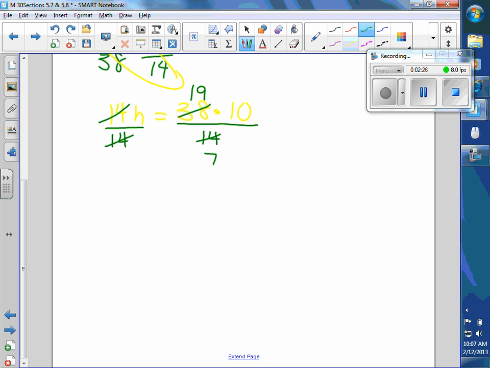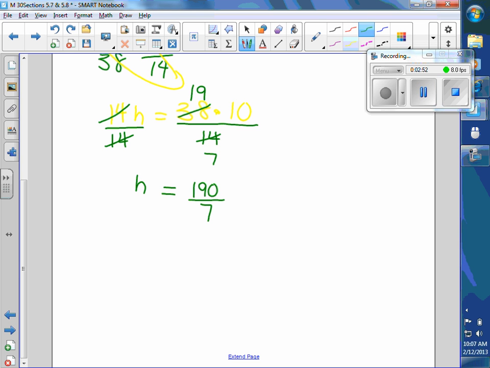Now here's the thing, if 7 has nothing in common with 19 or 10, then there's no more reducing to be done. 2 goes into both of them. Otherwise I would have had a 1 here. So we're just practicing some of these skills. So this is 190 over 7.